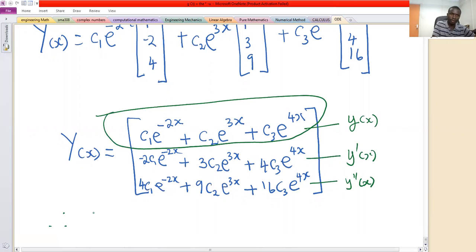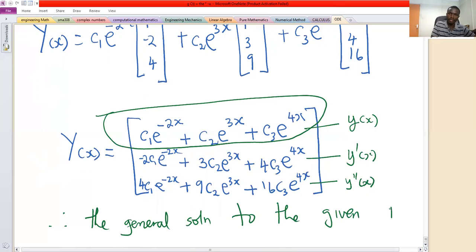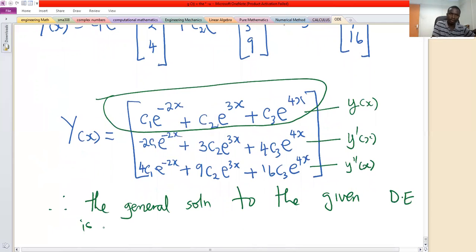So therefore, the general solution to the given differential equation is what we have in the first row.